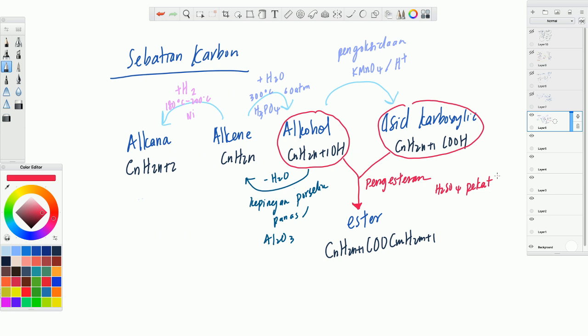Okey, alkena merupakan bahan yang boleh menjalankan banyak tindak balas yang lain. Alkena pun boleh menjalankan proses pengoksidaan, penghalogenan dan juga pempolimeran.